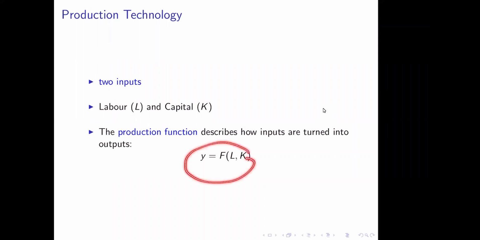So Y, which is the amount of output, depends on the amount of two inputs, labor and capital, right? You can see it's similar to the utility function, when utility is equal to some function that depends on the amount of good X and the amount of good Y consumed. But now instead, these are going to be inputs, and this is going to be output.